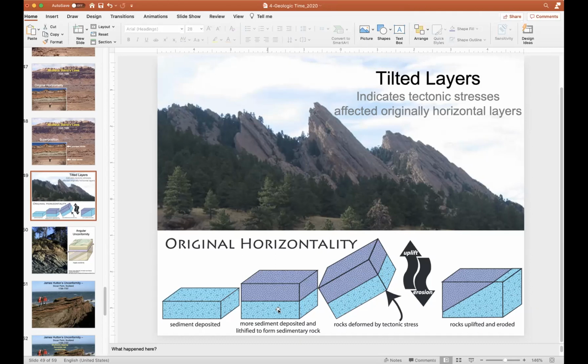That has to happen after the rocks are deposited. And then after erosion happens, you flatten that all out, and what are you left with but some tilted layers? Not all of it, I mean, you've lost a bit. But that's the idea of the tectonism.